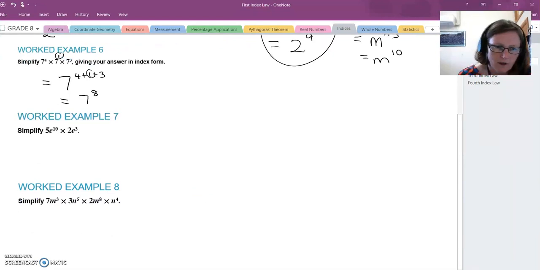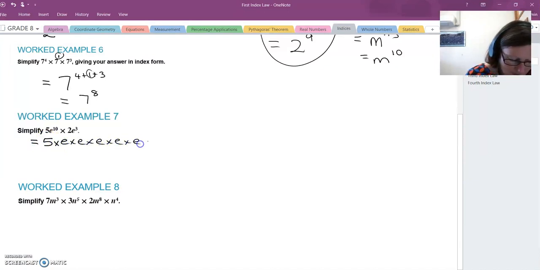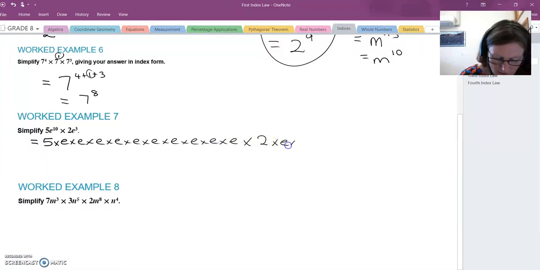With the next one, I'll do it the long way and then show you how the index law works for this. 5e to the power of 10 is 5 times, we've got to do 10 e's: 1, 2, 3, 4, 5, 6, 7, 8, 9, 10. And I then times that by 2e cubed, so 3 e's.